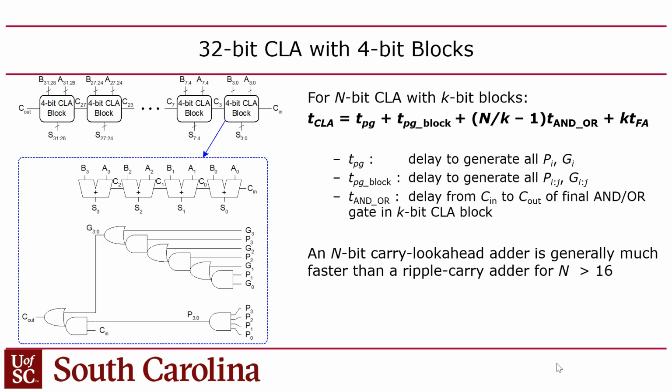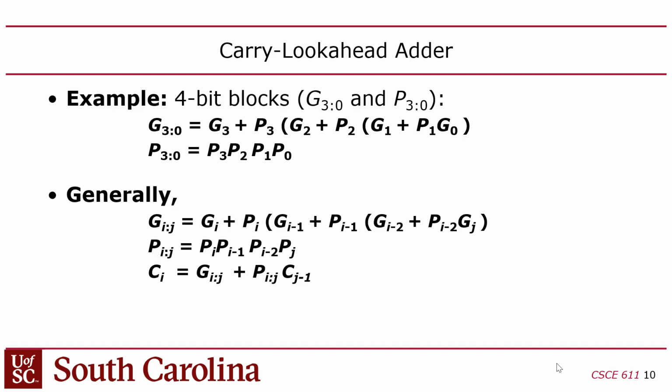Okay, and then once you have that, then you can calculate, in this case, the carry out from each one of those blocks. And the carry out from each one of those blocks would be essentially just the expression for this, right? So we need to have the top level carry. The carry out would be the generate from the block plus the propagate of the block and the previous carry in, right?